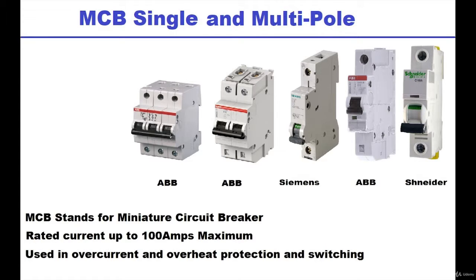So to protect against heating, we use overheat properties of the circuit breaker to prevent that from happening. And the overheat reaction is slow, so it needs few minutes or few seconds to take a reaction. We'll talk about all of that later in this course in more depth.